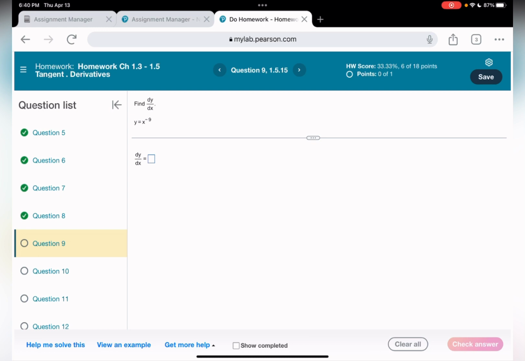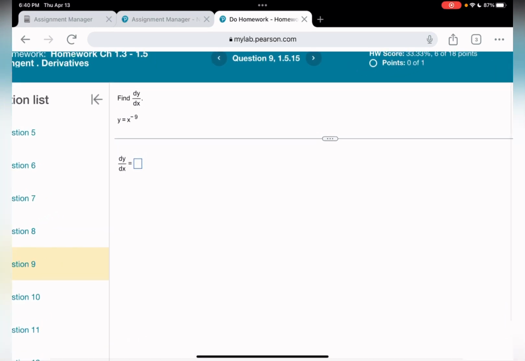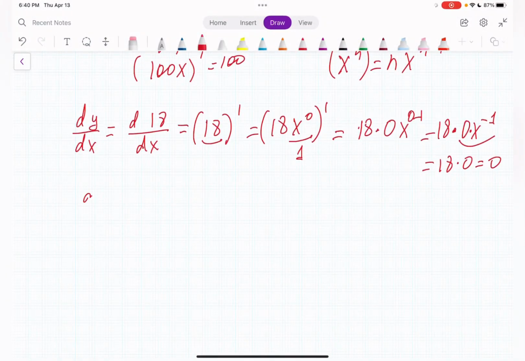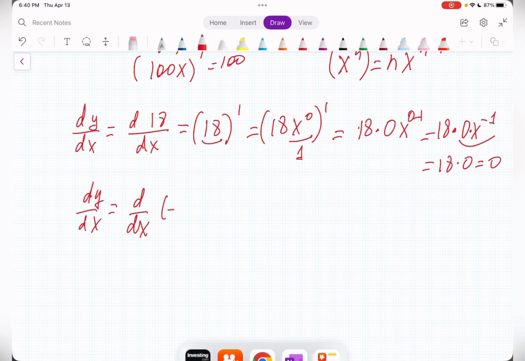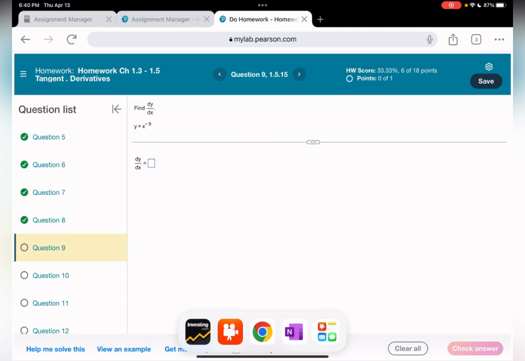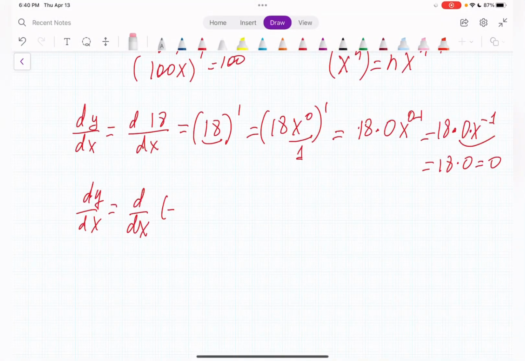Number 10, what do we have? Oh, number 9, x to the power negative 9, okay? dy by dx is equal to d by dx of x to the power negative 9, right?